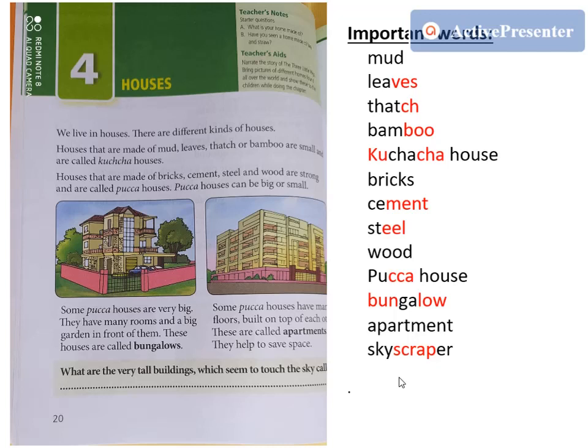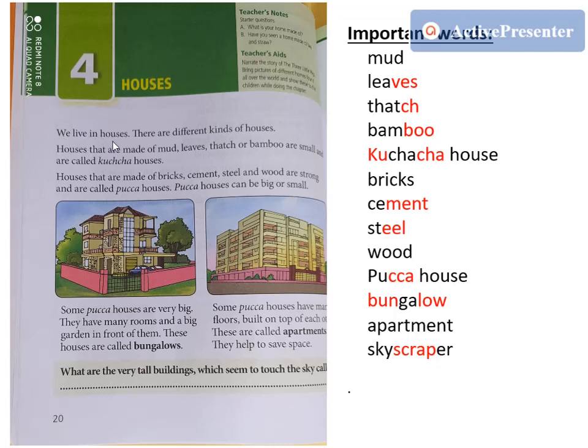It is easy for you to learn the words listed here. They are important and these words will be useful for you. But now, look into your text and read along with me.